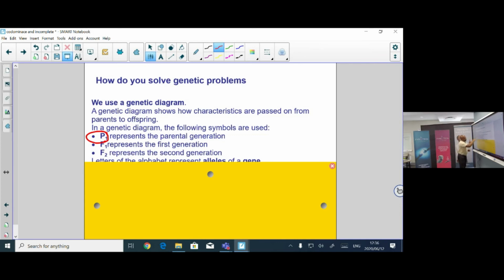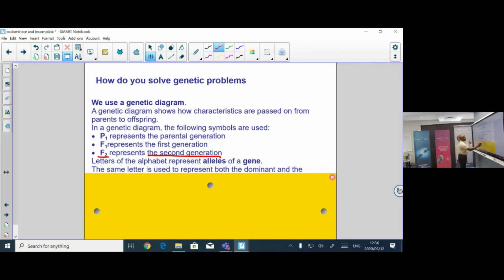So she becomes F1 of the generation of mine, which means she has grown up to produce my grandchild. So it becomes a second generation denoted by F2. You see, it's important to know these symbols because when we are given genetic questions, we normally refer to them. It saves time and confusion when you are solving problems.